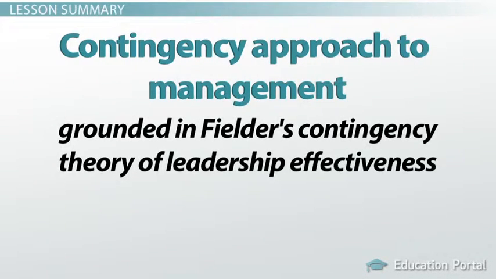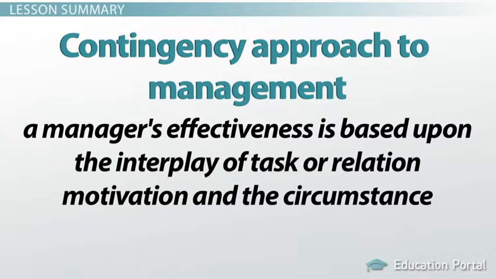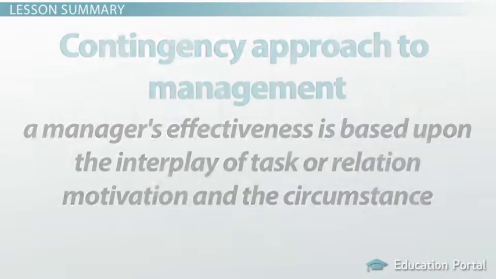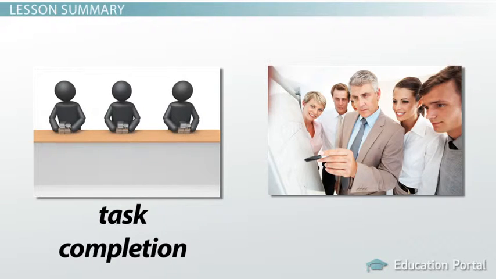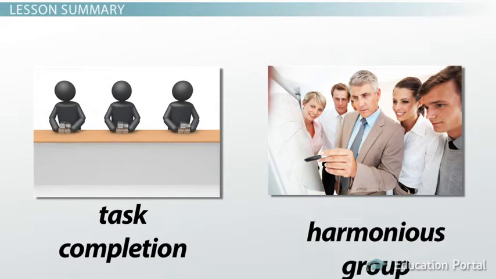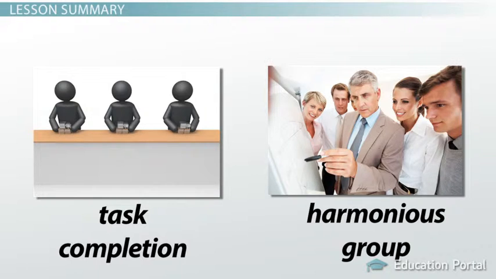The contingency approach to management is grounded in Fiedler's contingency theory of leadership effectiveness. The theory argues that a manager's effectiveness is based upon the interplay of task or relation motivation and the circumstance. In other words, certain circumstances require different management approaches with a focus either on motivating for task completion or maintaining harmonious group relations.